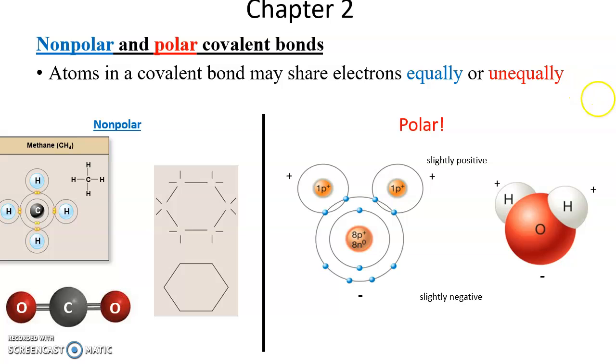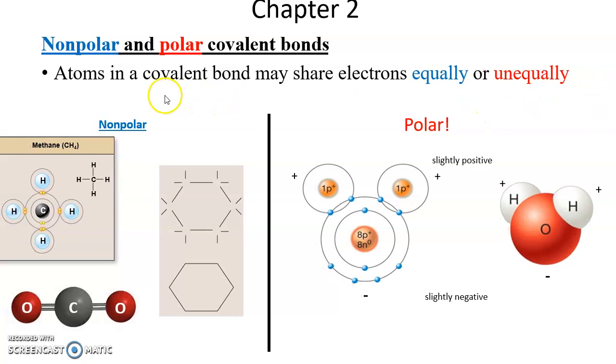All right, when you have bonding, covalent bonds, they can be polar or nonpolar. Nonpolar means that they are sharing the electrons equally between all the atoms, and so there's no partial charge within the molecule. So methane is nonpolar, carbon dioxide nonpolar, other things like glucose could be nonpolar. And then we have polar molecules from polar covalent bonds, and that means there's an uneven sharing of the electrons.